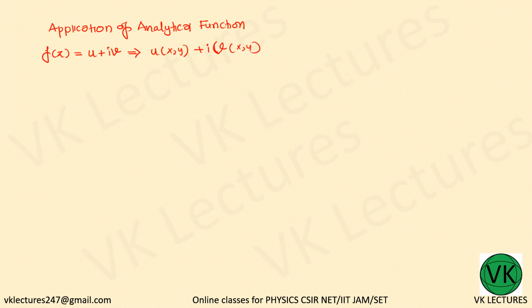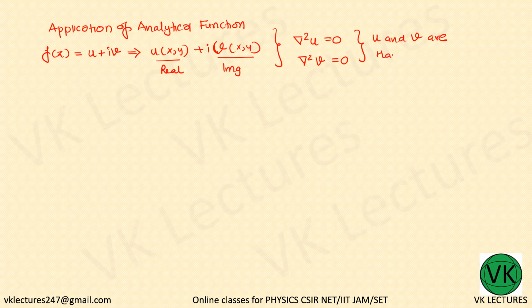So u is the real part of the complex function, and v is the imaginary part. Now if f of z is analytic, we can write del square u is equal to 0, as well as del square v is equal to 0. They are called harmonic conjugates. This implies u and v are harmonic conjugates.